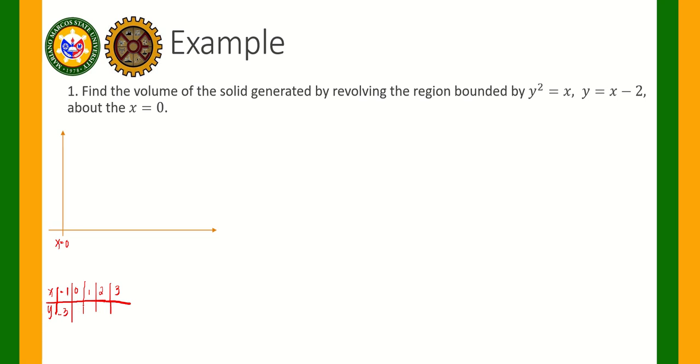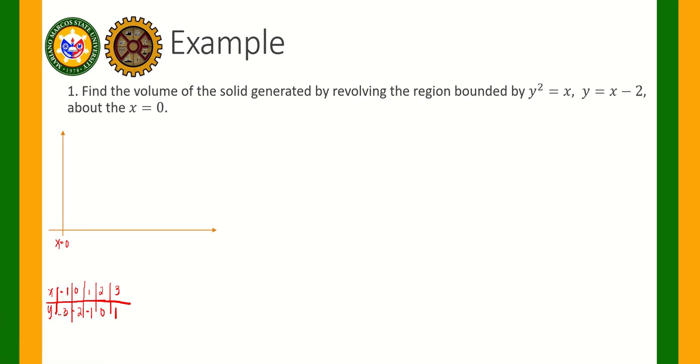For x equal to 0, y is equal to negative 2. For x equal to 1, y is equal to negative 1. For x equal to 2, y is equal to 0. For x equal to 3, y is equal to 1. So this is a linear graph, okay, based on our table.